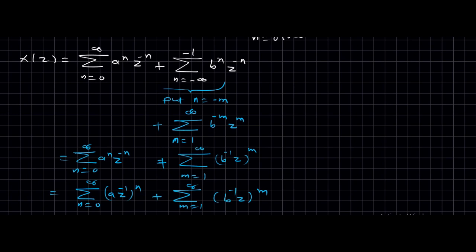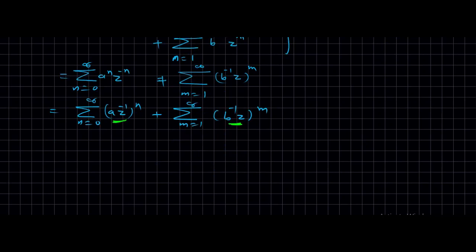So by using a relation, which relation are we using? It is the sum from 0 to infinity a raised to n is equal to 1 over 1 minus a. Here this term will appear in place of a, and this term will appear in place of a. We'll get two parts.